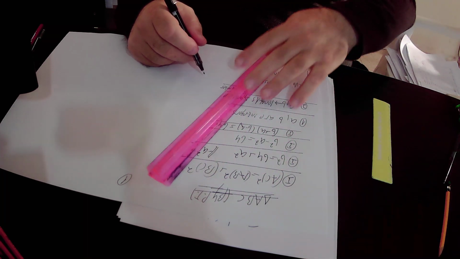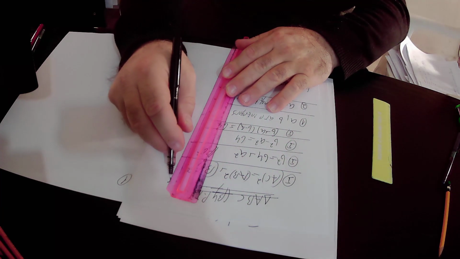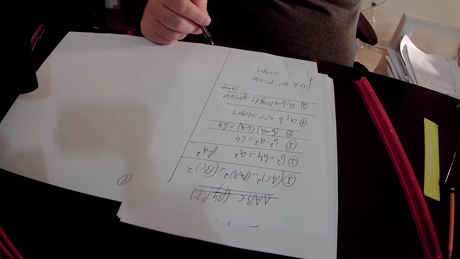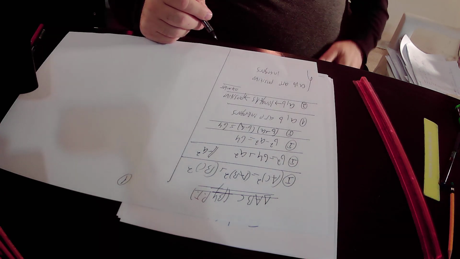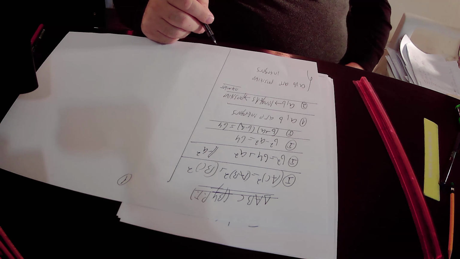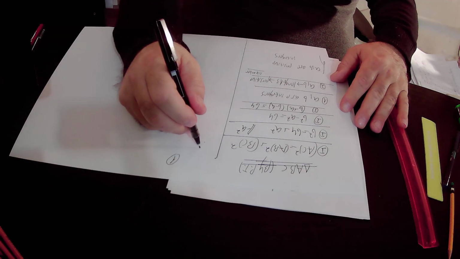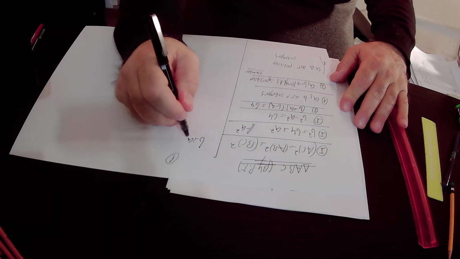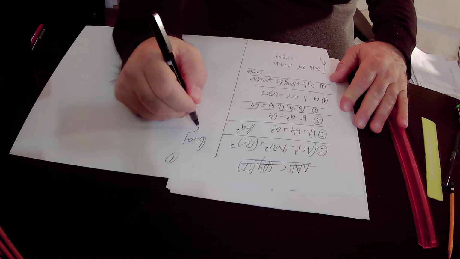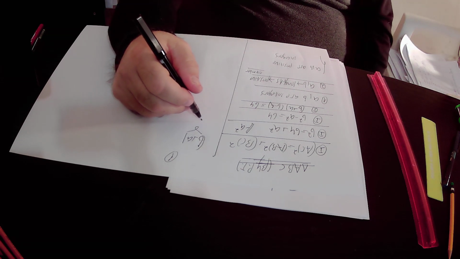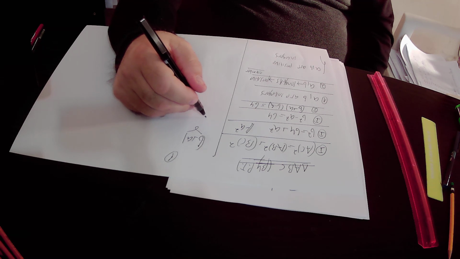So b is a positive integer and a is a positive integer, therefore b plus a must also be a positive integer, because when you add two positive integers to each other, the result must also be a positive integer.